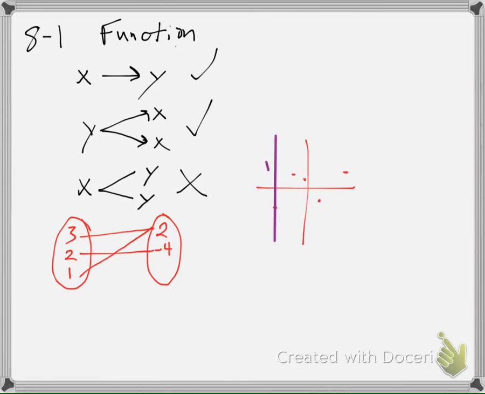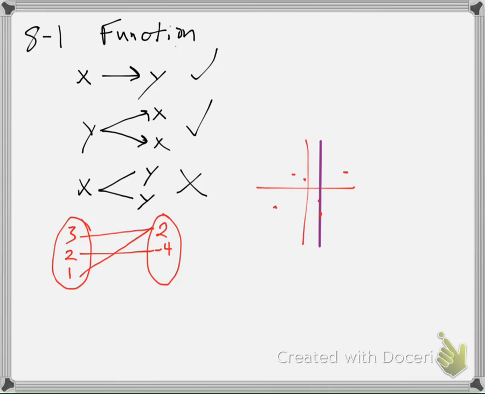If I move it to where it's going through this point here, still only going through just that one point. So as long as it only goes through one point, then it passes the vertical line test, which means it is a function. If at any point you have 2 points on the same line, then that tells us it's not a function.